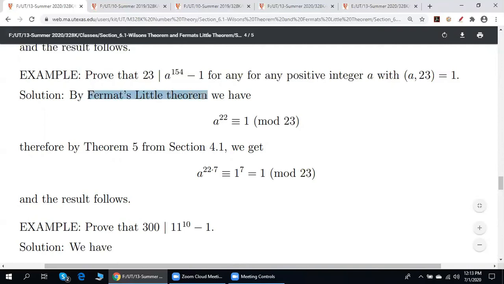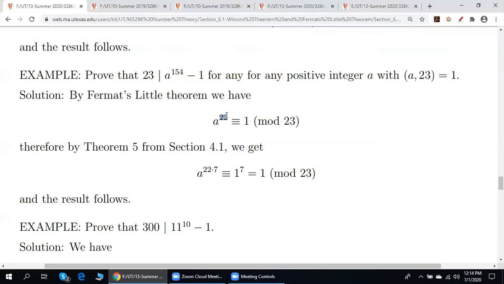By Fermat's little theorem, A to the power p minus 1, where p is 23, so 23 minus 1 is 22, is congruent to 1 modulo p.